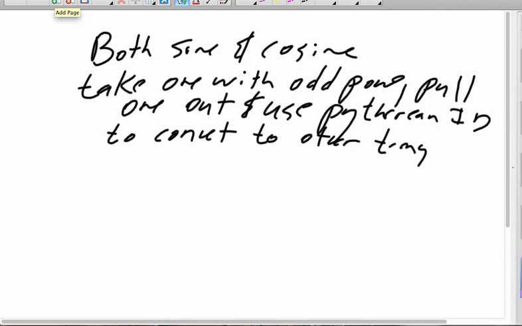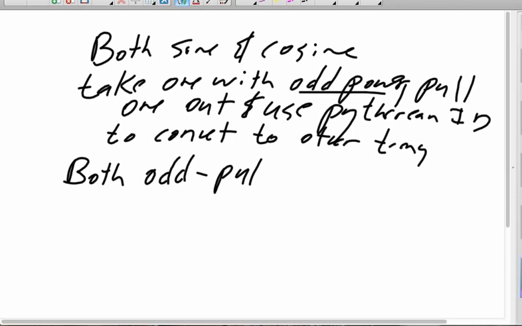If they're both odd, I usually pick the one with the lowest power to pull one out because it means less work on reducing it down. So if they're both odd, take the one that has the lowest odd power and pull one out of that. Okay? So this is if they're both odd, pull your du.